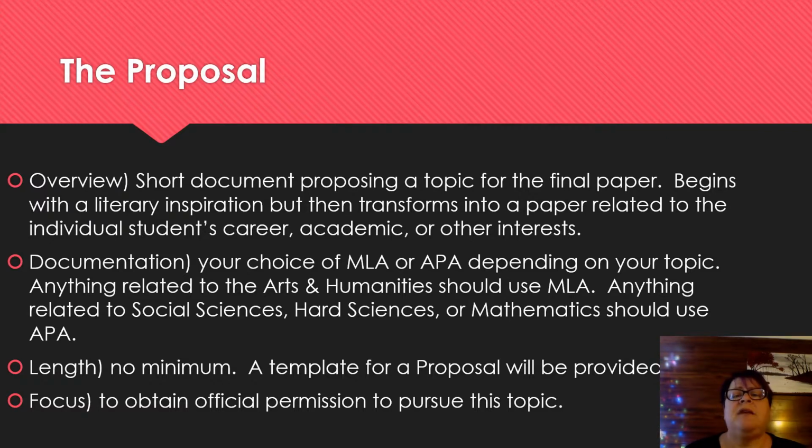All I ask is that you articulate the connection between the topic and a work of literature that inspired your choice. In Canvas, I've provided a template for the proposal so that you don't have to worry about formatting. On the next slide, I'm going to share some potential topics, but I look forward to your own originality.